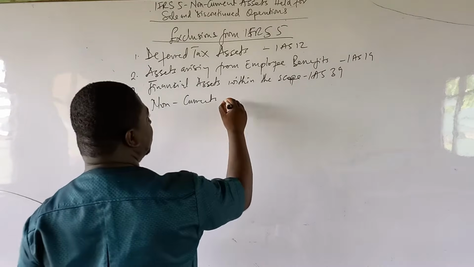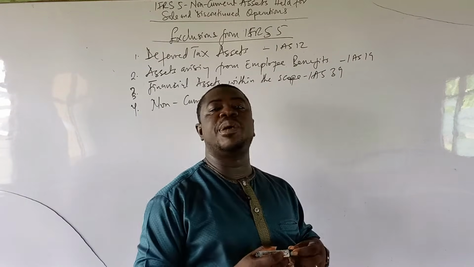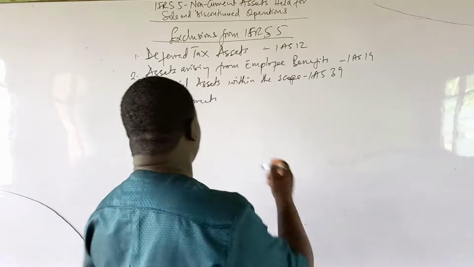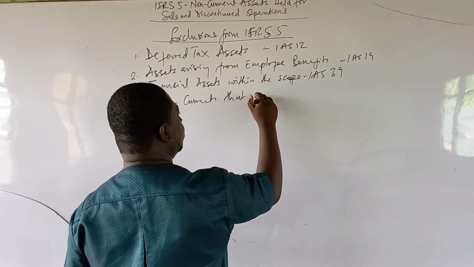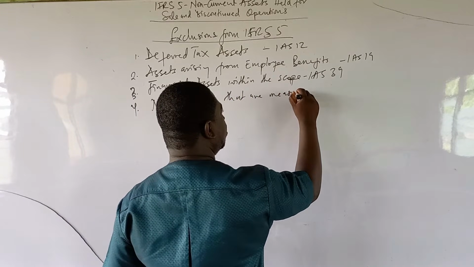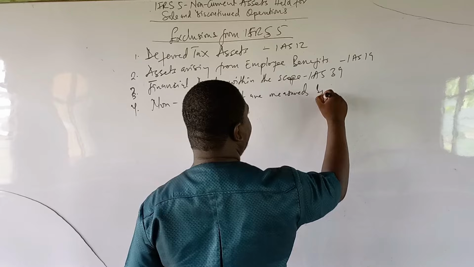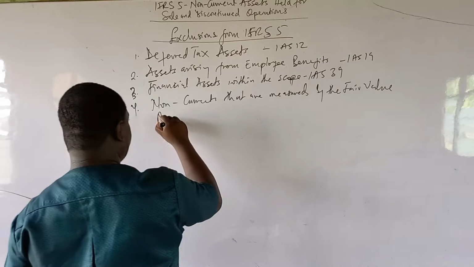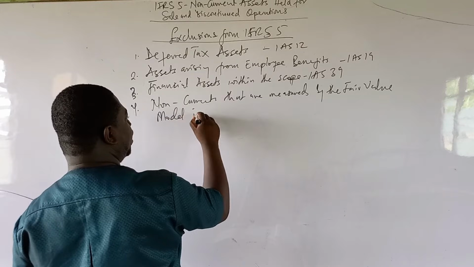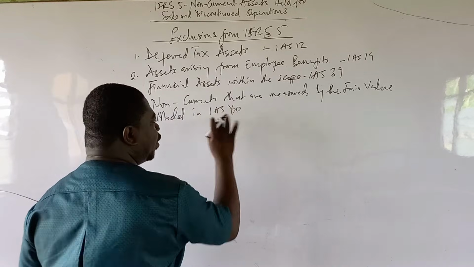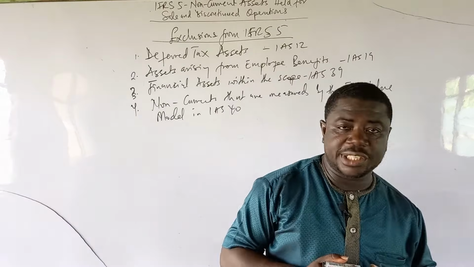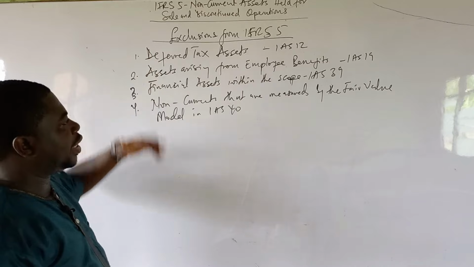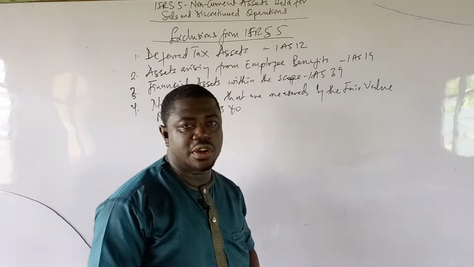So in other words, we can say that investment properties that are measured by the fair value model of IAS 40. And we all know that IAS 40 talks about investment property. So we do not bring that into the measurement provisions of IFRS 5.